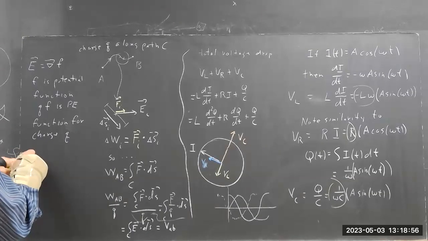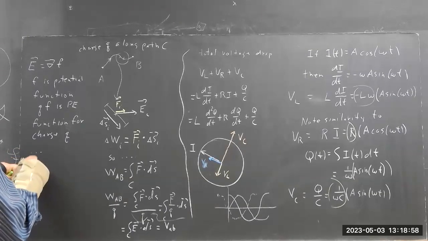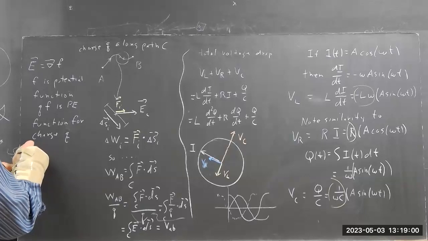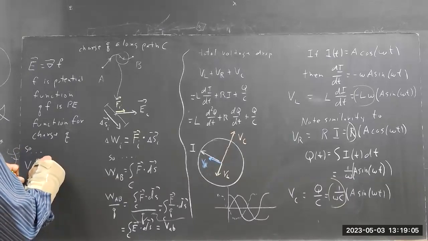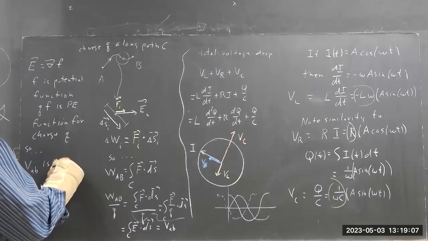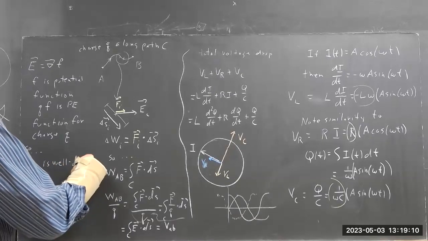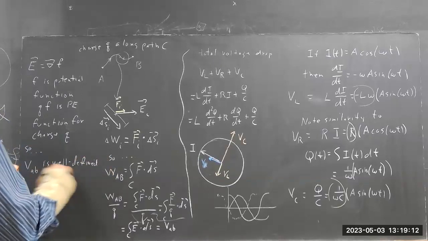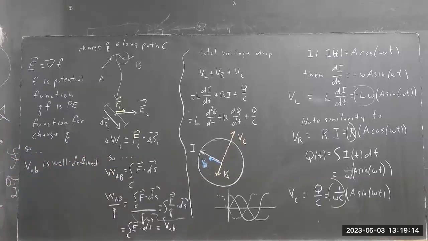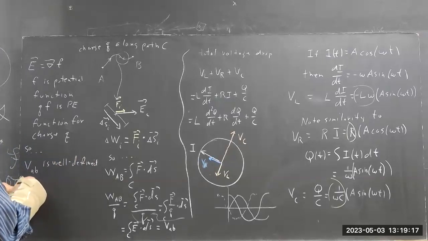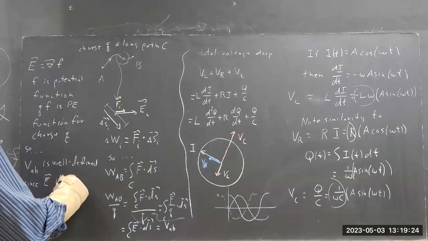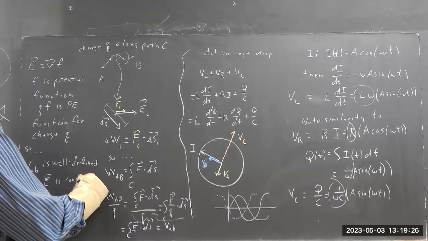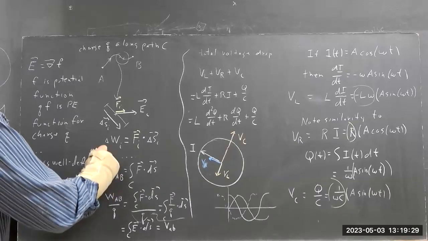The voltage between two points, AB, is well defined if the field is conservative.